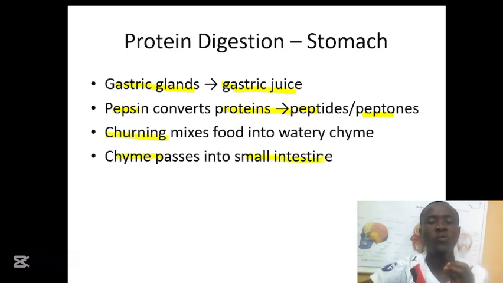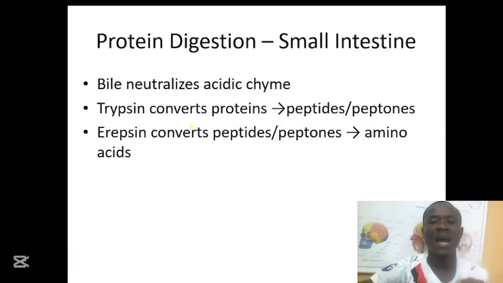Mind you, the food moving from the mouth into the stomach is in the form of what we call bolus. But the food moving from the stomach into the small intestine is in the form of what we call chyme. And the food moving from the stomach into the small intestine is acidic in nature. The enzymes in the small intestine work best in an alkaline environment.